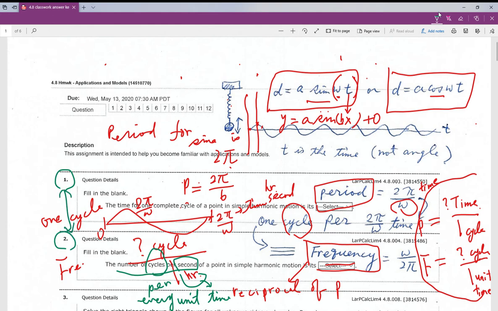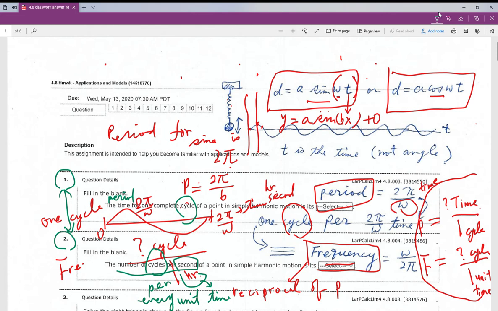So the time for one cycle, we call it the period. And in one unit of time, how many periods will there be?